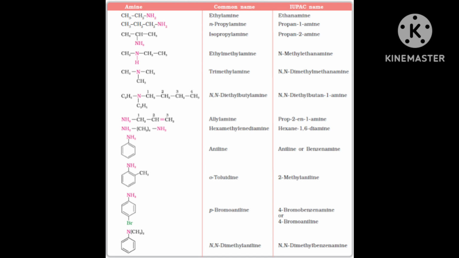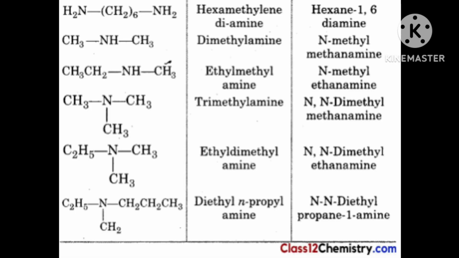Because it is a straight chain, its name will be N-methyl ethane amine. You have to write N because from the nitrogen atom both groups are attached, hence N-methyl ethane. You have to remove the E and add amine. Then N-methyl ethane amine.